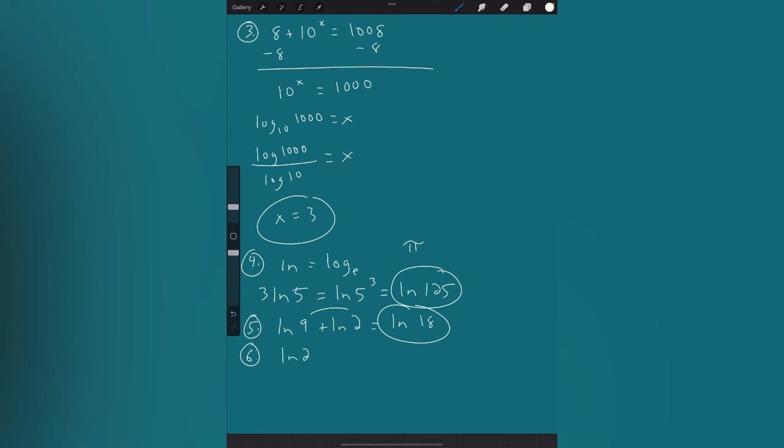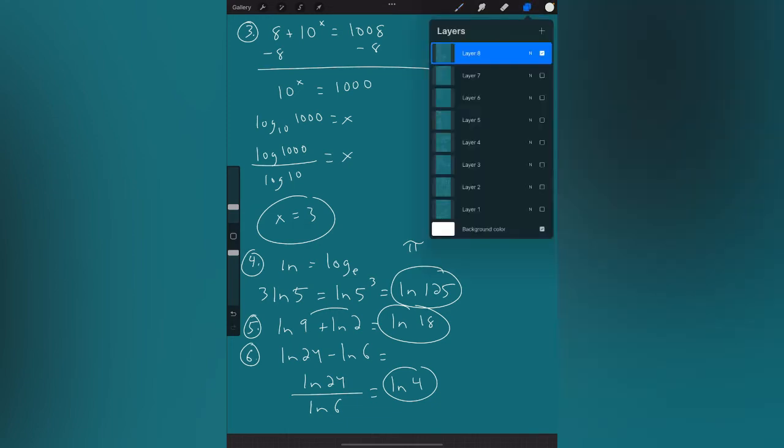I have ln 24 minus ln 6. That's the same thing as writing ln of 24 divided by 6. 24 divided by 6 is 4, so my answer is ln of 4. That was number 6.